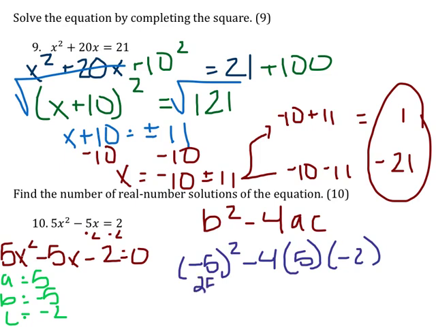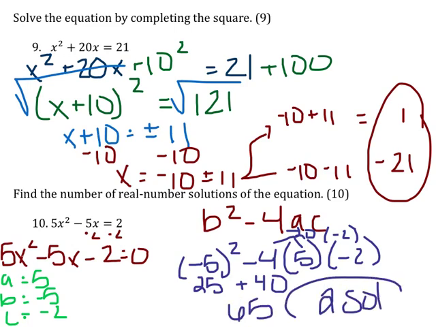So that's 25 minus 4 times 5, which is 20. -4 times 5 is -20, times -2 will be a positive 40. And 25 plus 40 is 65. That's a positive number, so that means it'll be two solutions.